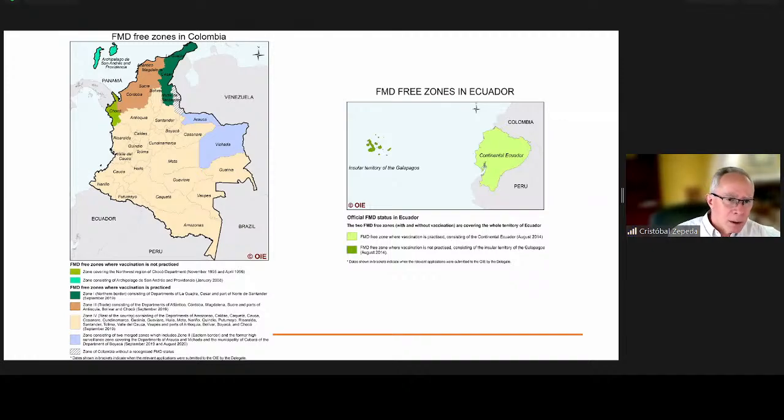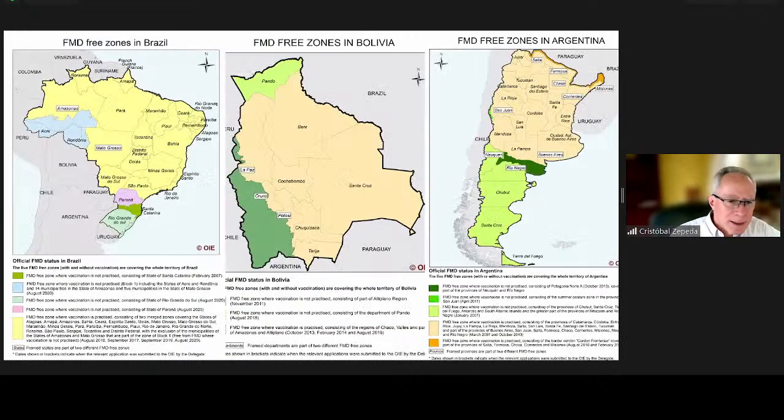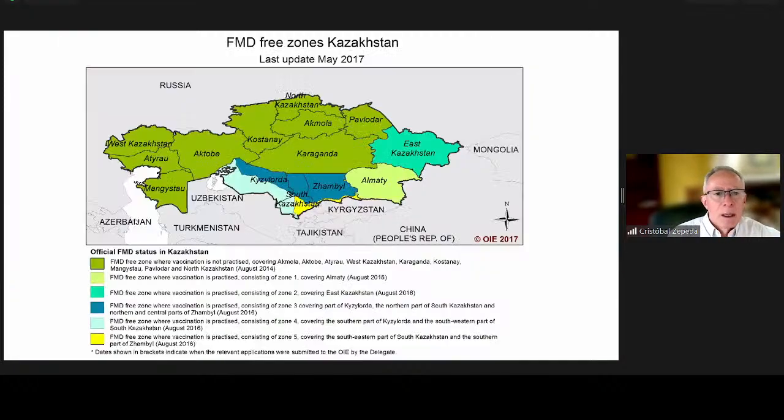This is the case of Colombia, which has a foot and mouth disease-free zone, the one we have in brown, and another protection area, the one we have in green. And also in Brazil, we have different areas that have been recognized as free zones with and without vaccination, and the same for Bolivia and Argentina.